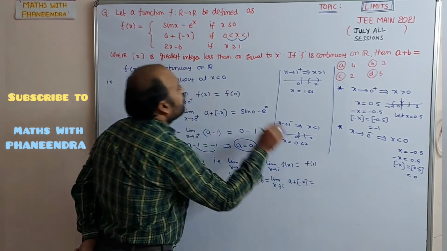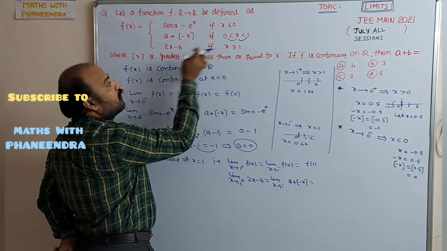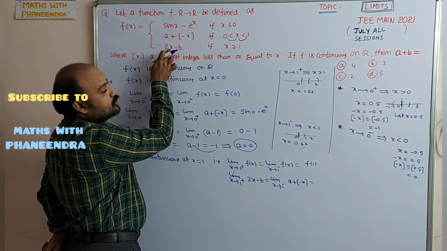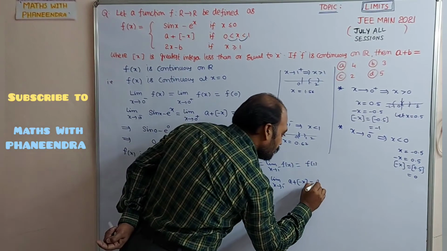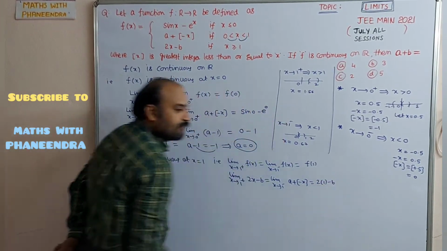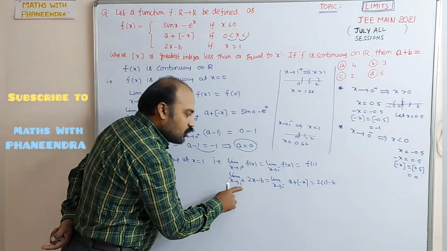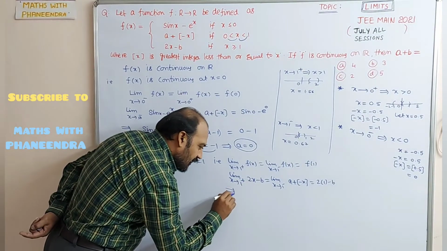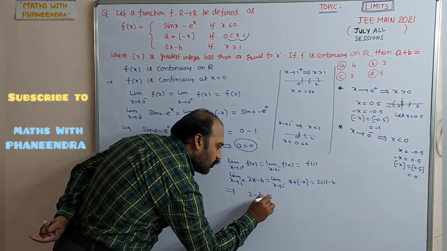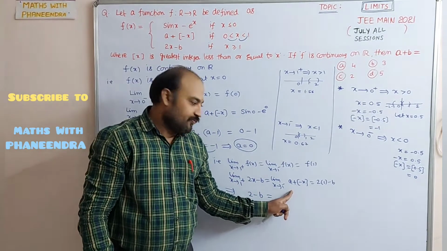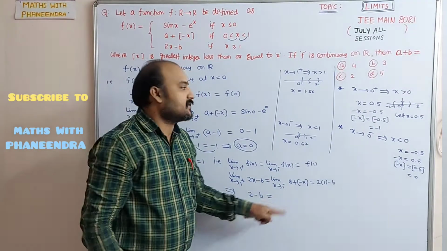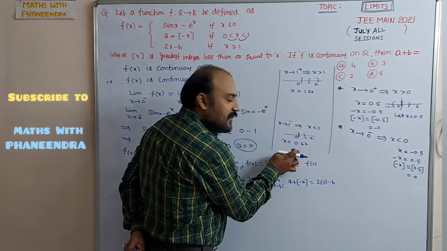In place of x, substitute 1, so 2 into 1 minus b. Now for x tends to 1 plus, substitute x equal to 1 directly, giving 2 minus b.